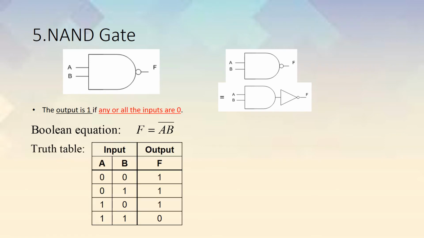Look, they have 4 possibilities also. First, if A is 0 times B is 0, the output must be the inverse of the value of A and B, we get 1.